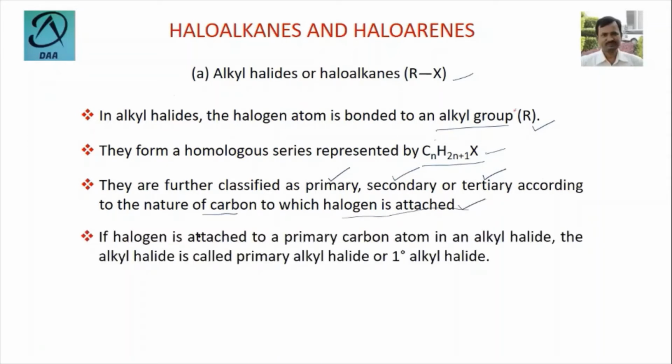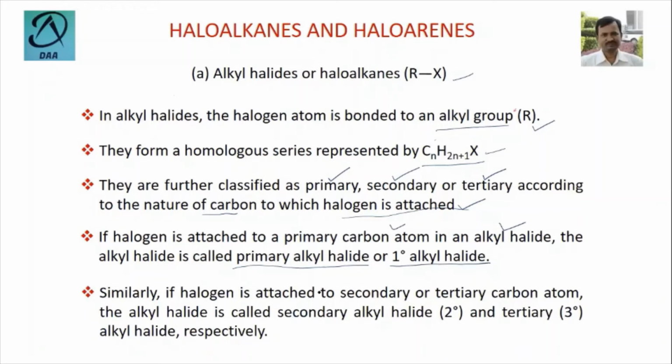If halogen is attached to a primary carbon atom, then the alkyl halide is called the primary alkyl halide or 1 degree alkyl halide. Next we'll go for the examples.